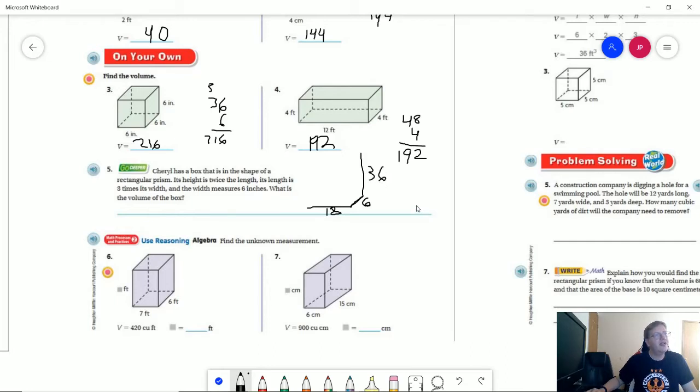So if we need to, we can pause the video to figure this part out. I think what I'm going to do is go ahead and do 36 times 18 first and get it over with. And so I may actually build in a pause so I can work on this.